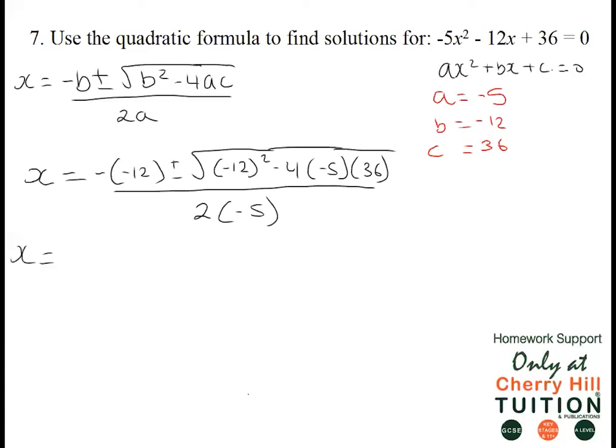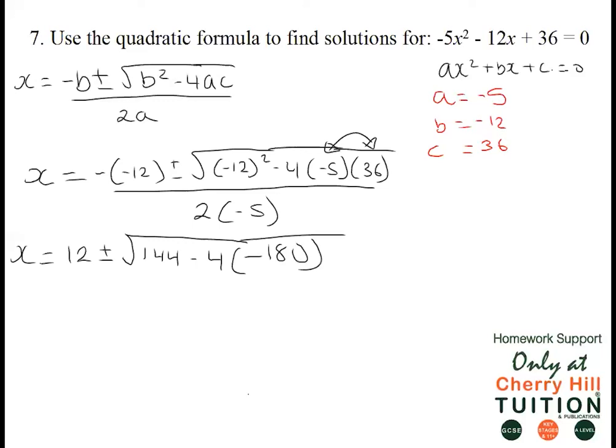We can expand the brackets to make it more simple. So we have minus minus 12, the double negatives gives us a positive. We have minus 12 squared, which is 144, minus 4 multiplied by minus 5 multiplied by 36, which is minus 180, all over 2 multiplied by minus 5, which is minus 10.